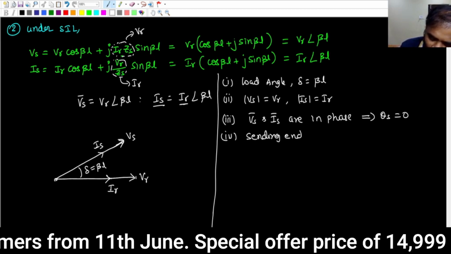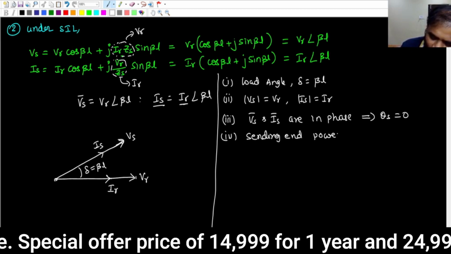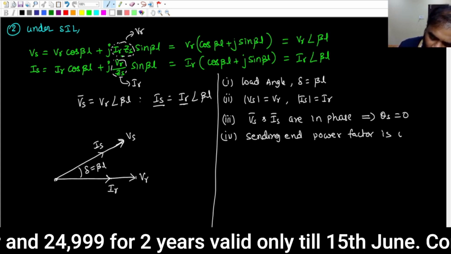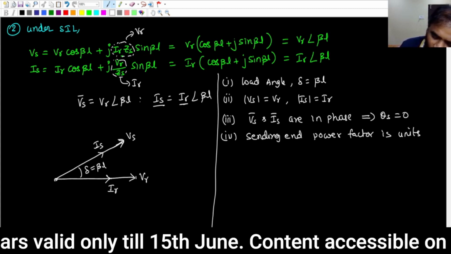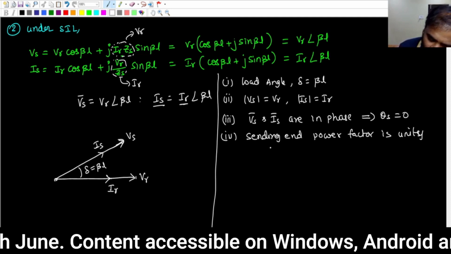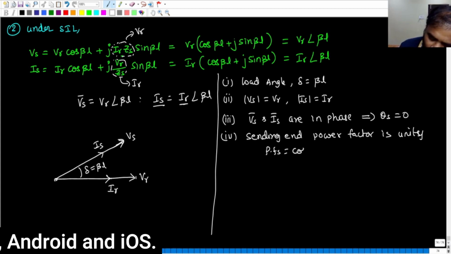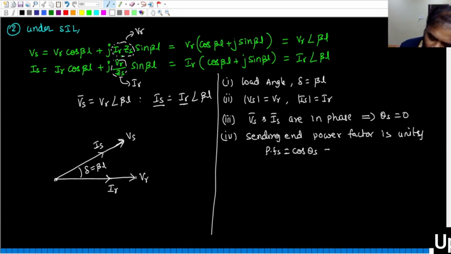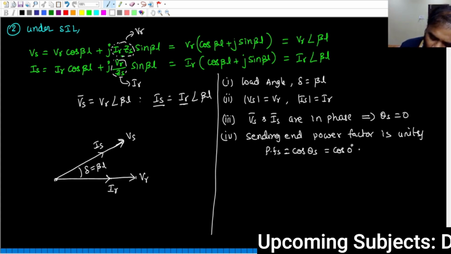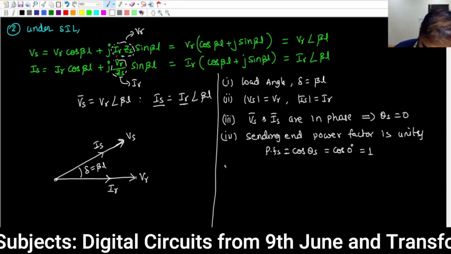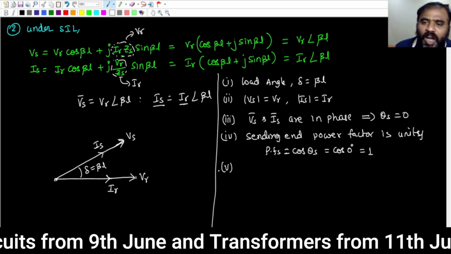So the power factor of the sending end is unity.